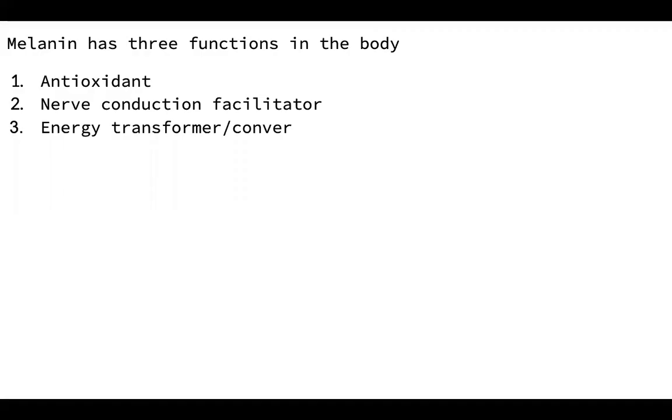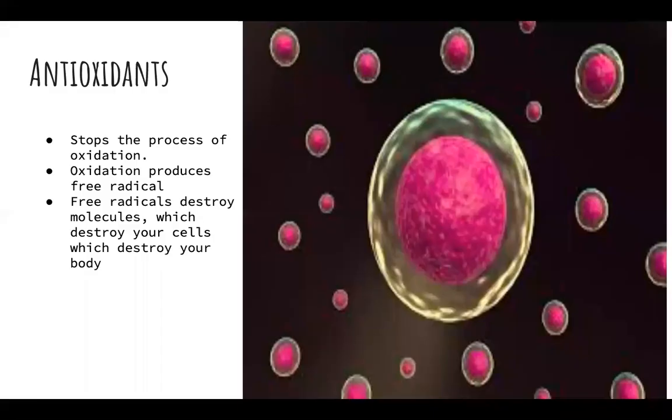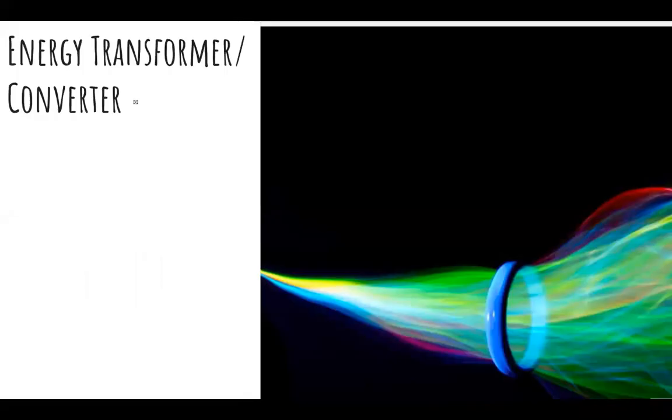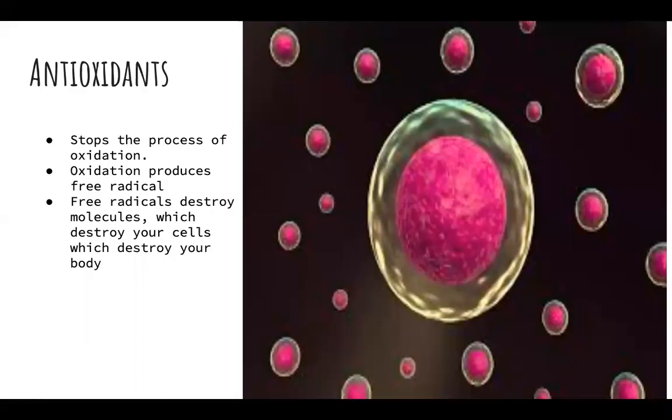Melanin has 3 functions in the body. 1, antioxidant. 2, nerve conduction facilitator. And 3, energy transformer and converter. First, we'll talk about antioxidants. An antioxidant is a substance that protects cells from damage caused by free radicals.